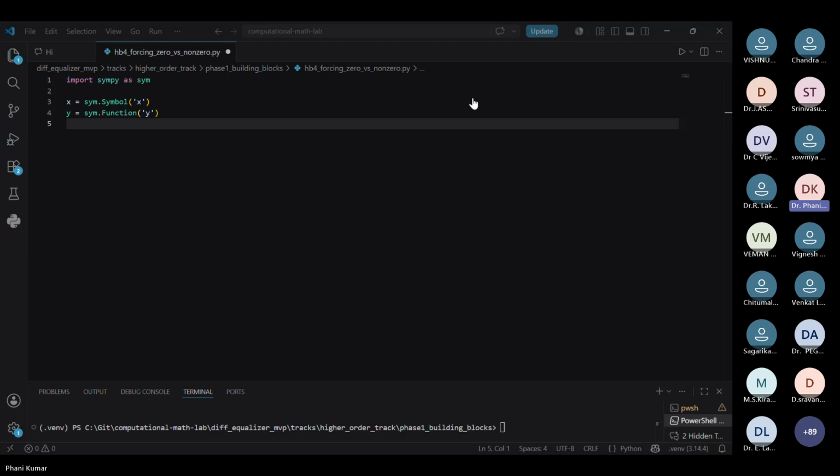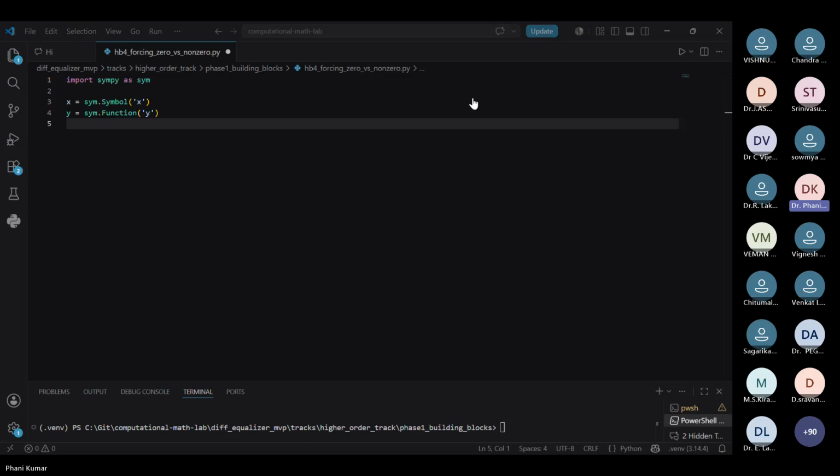And here the most important is y = sim.Function('y'). Why am I using sim.Function?